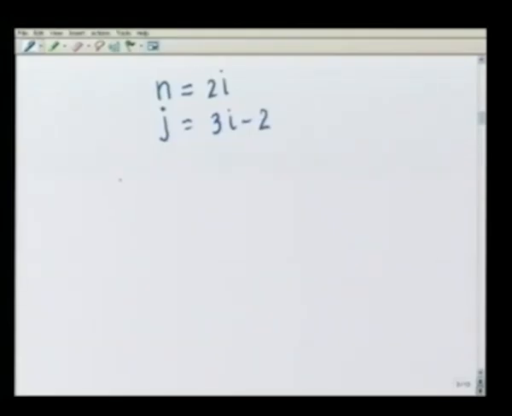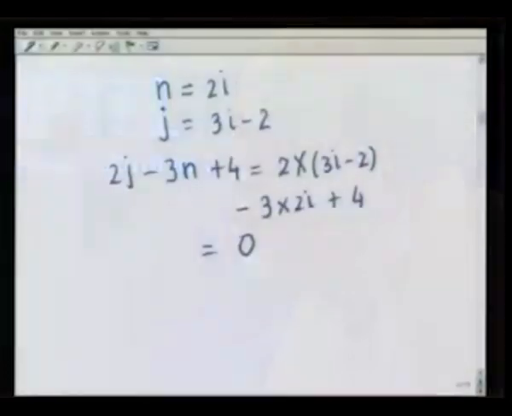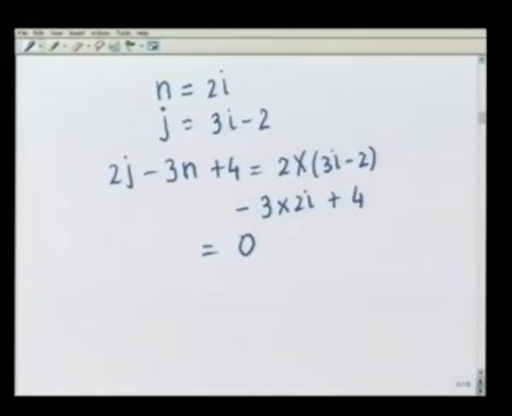So if we write the Grubler's criterion, that is 2j minus 3n plus 4, we get 2 into (3i minus 2) minus 3 into 2i plus 4, which is 0. Thus, the Grubler's criterion is satisfied by this closed kinematic chain, and consequently, this can constitute a single degree of freedom planar linkage.